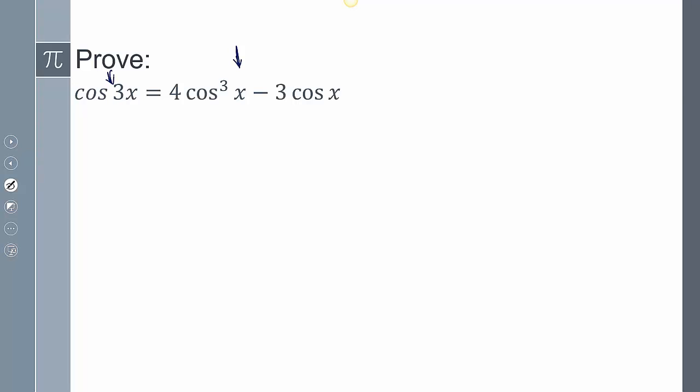Now, that cosine 3x, I don't know what that is, but I do know a cosine of 2x. And so in this case, maybe I'm going to use a sum and difference identity to be able to do this. So I'm going to say cosine of x plus 2x. Now my sum and difference identity is going to be cosine x cosine of 2x minus sine of x sine of 2x.